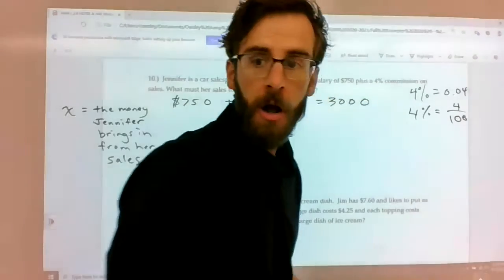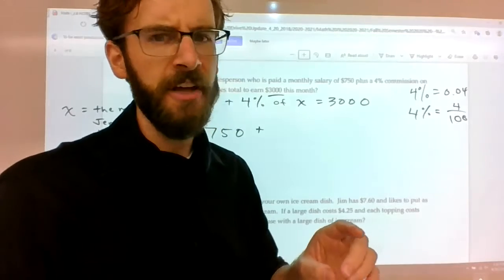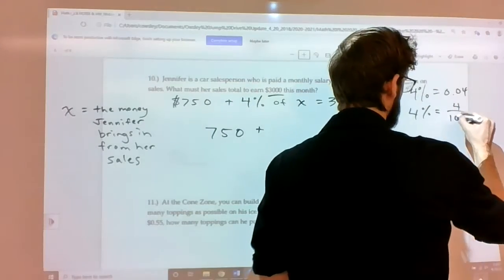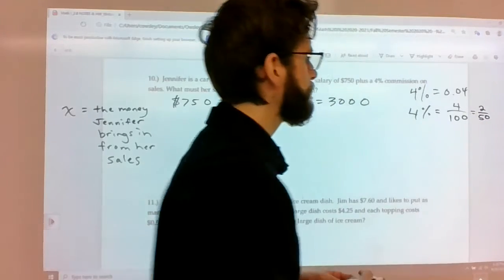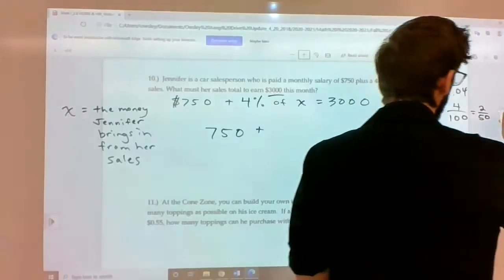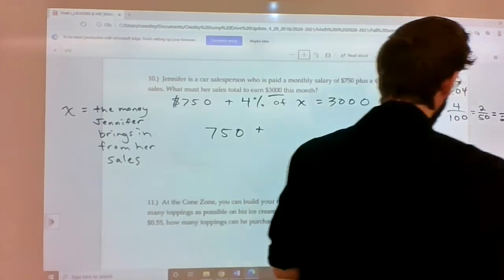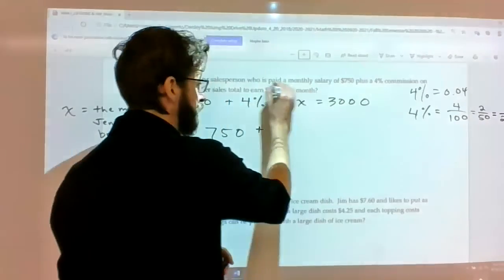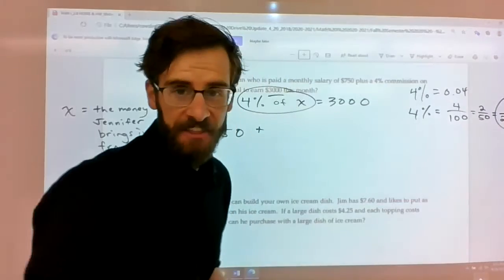You just put it over 100, and then we can simplify that to 2 over 50, and that reduces to 1/25.